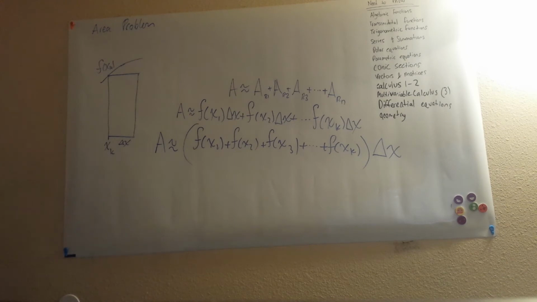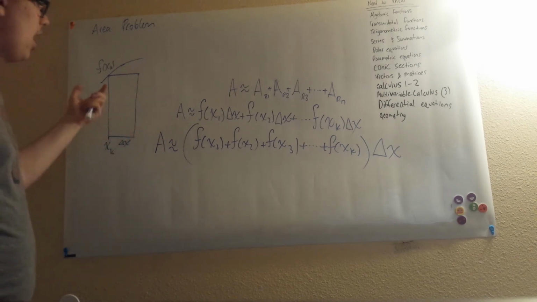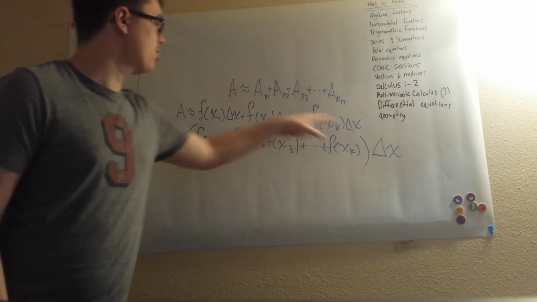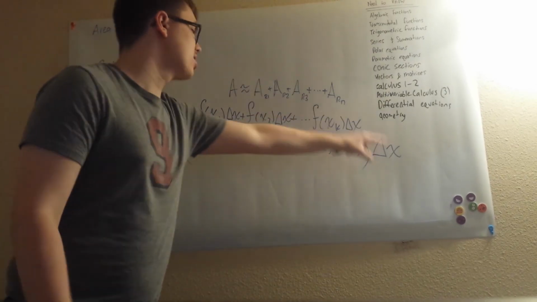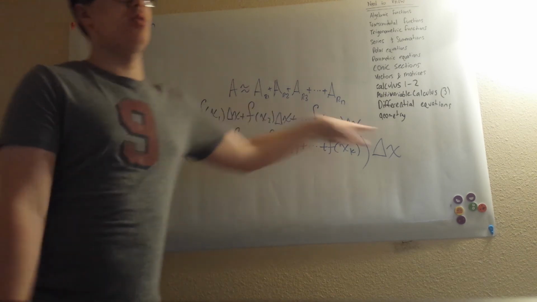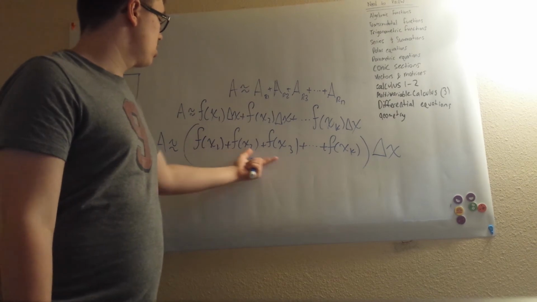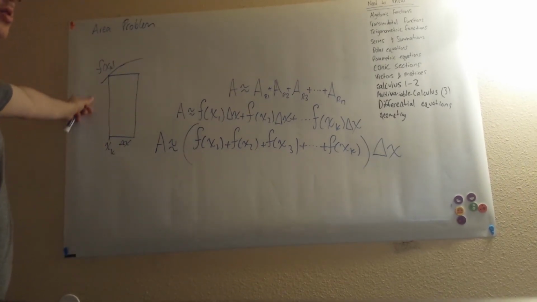So that's the approximate area of your curve. If you distribute it, it's just base times height, base times height, again and again. But we want to factor it because we don't want to do that 100 times. So now we're just adding up the heights of your rectangles.